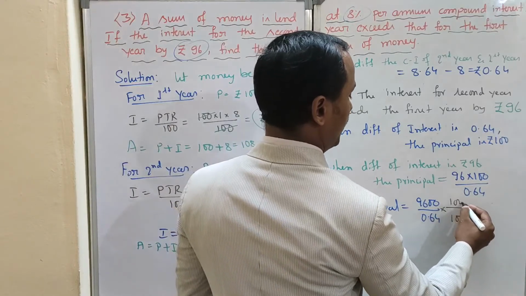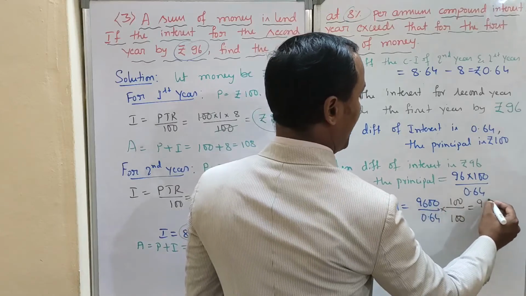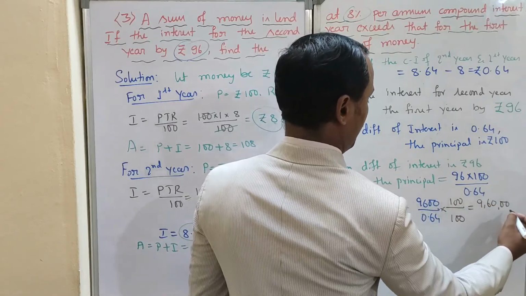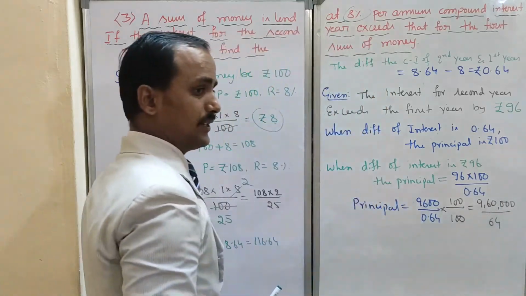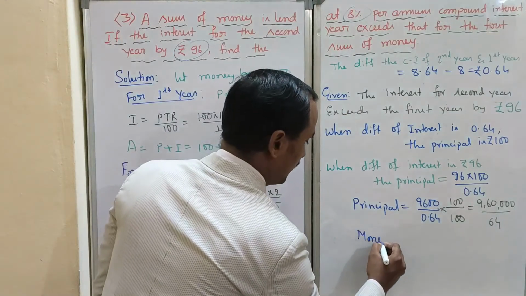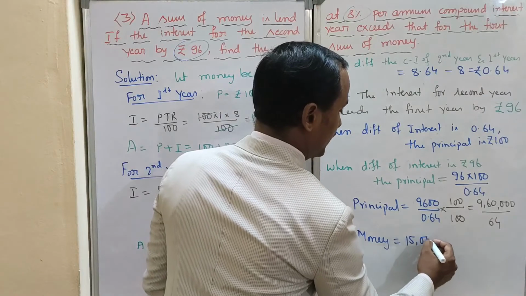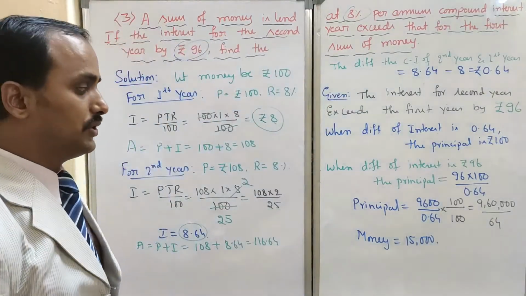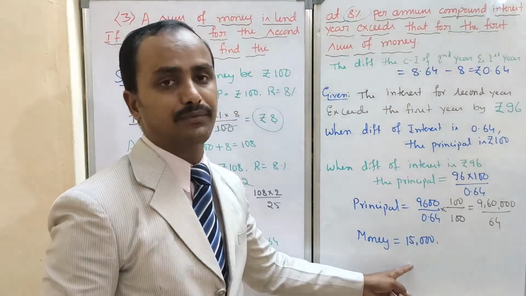Numerator also multiplied by 100: 9600 becomes 9,60,000, divided by 64. This division gives 15,000, dear children. You should do this division: 9,60,000 divided by 64, you will get 15,000.